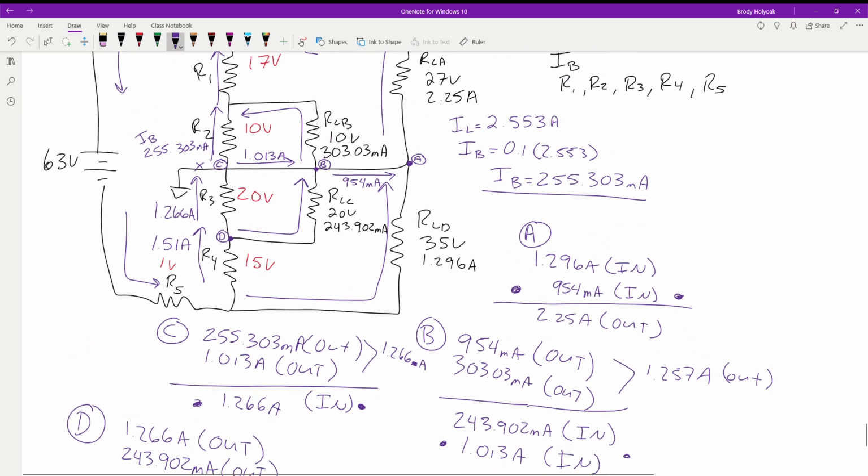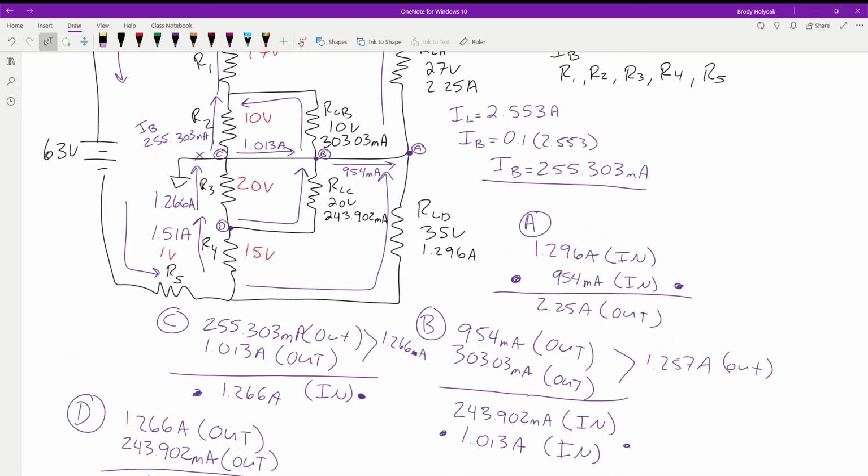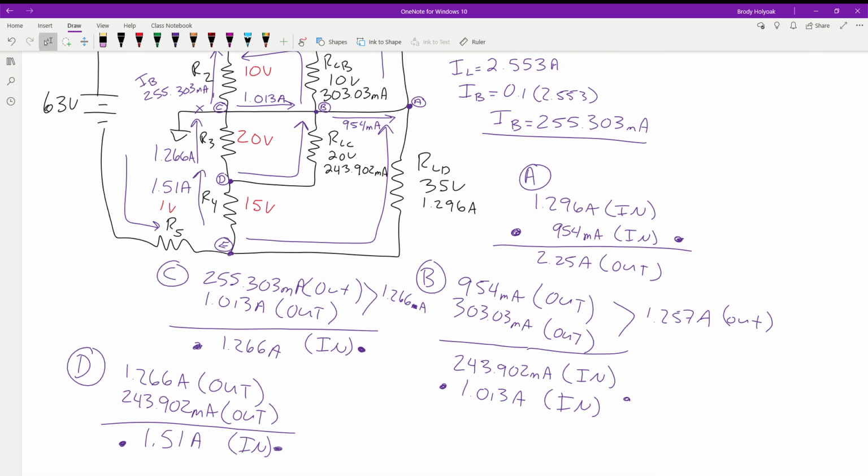So now we have a choice. We can finish out here, or we can even jump up and do the connections between R1, R2, and the rest of the circuit. I like to just finish out the direction I'm going. So at node E, again, I have 1.51 amps leaving this node. I have 1.29 amps going this direction through our load D, which means I have to have current coming into this node to supply those.